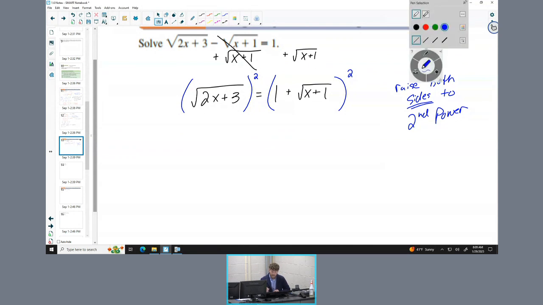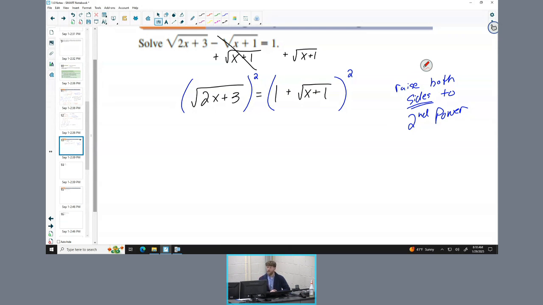So when I do that, what does that mean when I raise both sides to an even power? Well, the square root does go away, but what does that mean for my problem overall? What's an idea that's going to open up?